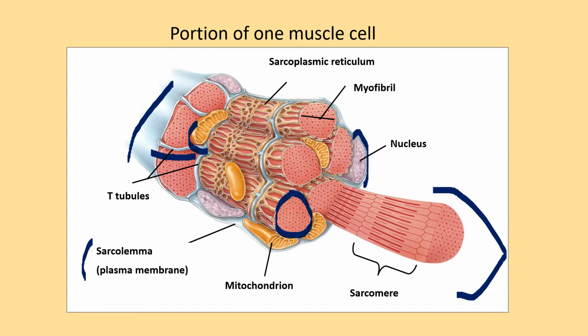I think about them sort of like manholes, like in the street. You're walking along the street, and then there's this hole that tunnels into, I don't know, the interior of the city. So let's imagine you're walking along the plasma membrane, and then, oh, here's a manhole, and you can tunnel into the interior of the cell.